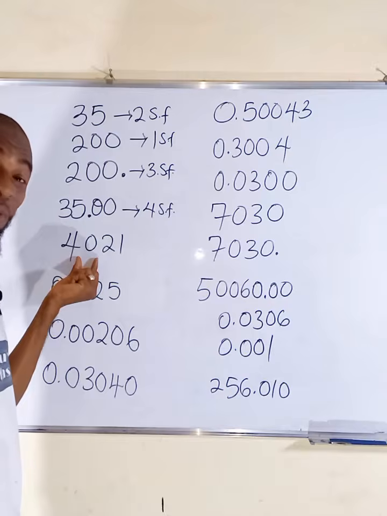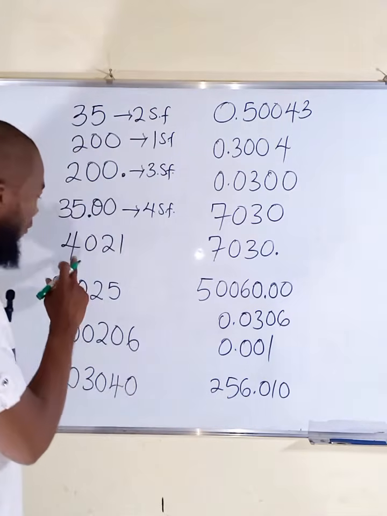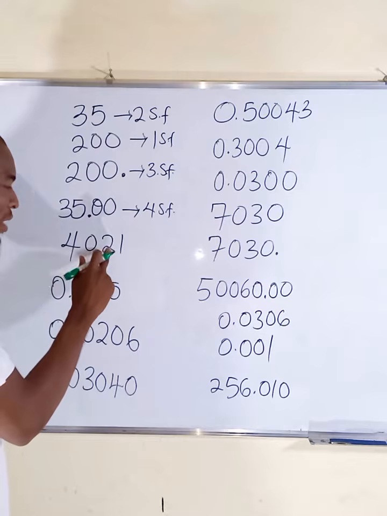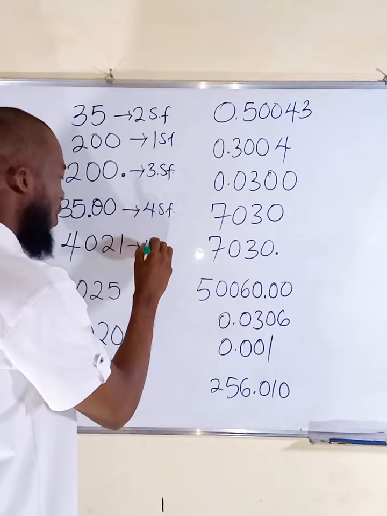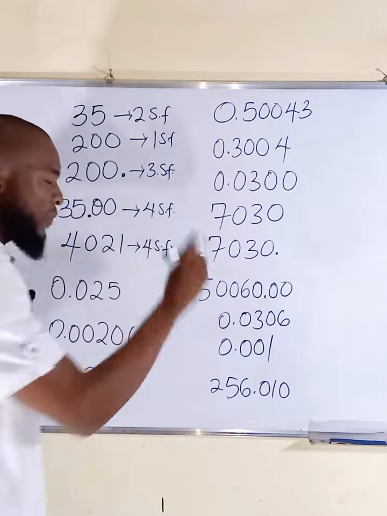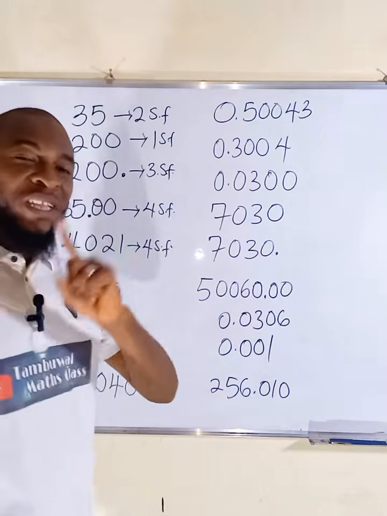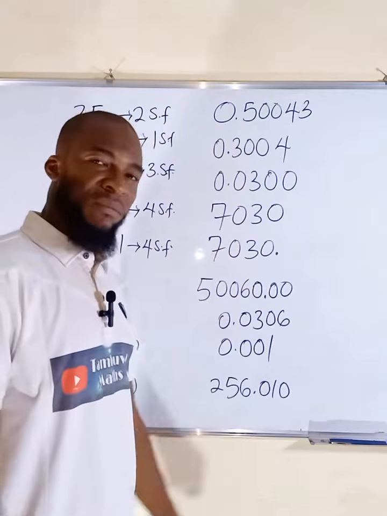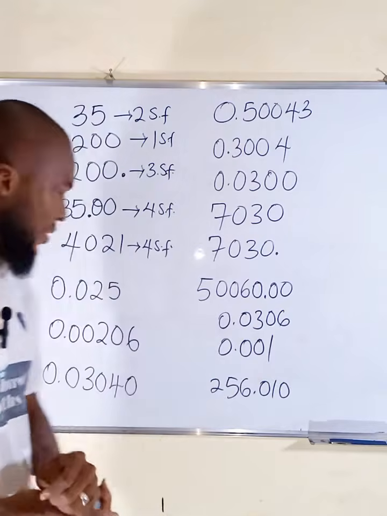What about this one? We have a middle zero, and I told you middle zeros are all significant. Therefore, 4, 0, 1, 2, and 1 are all significant. How many of them do we have? 4 significant figures. What about this one? All the leading zeros are not significant, irrespective of whether it has a decimal or not.